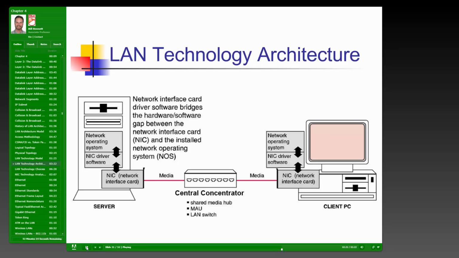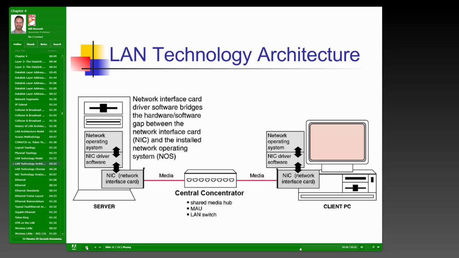The media then is going to transfer the message to a central concentrator, which is some sort of a hub, or a MAU in the case of Token Ring, or a switch, which is the modern technology that we use as our central concentrator.